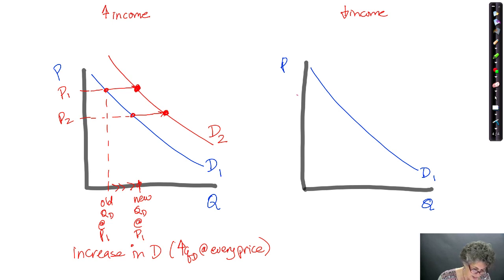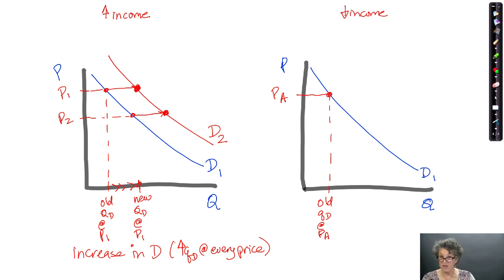At some price, let me change my notation, I'll call it P sub A, the old quantity demanded at price P sub A, I read off the original demand curve D1. So I went from P sub A over and dropped it down.